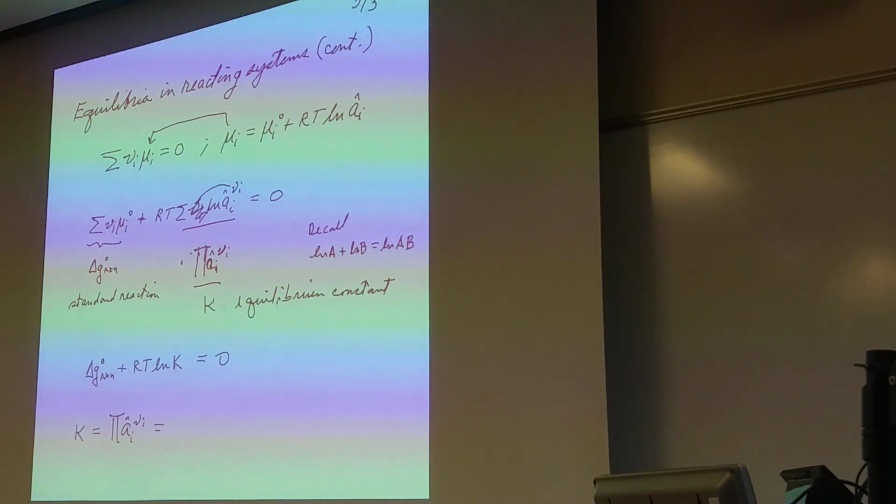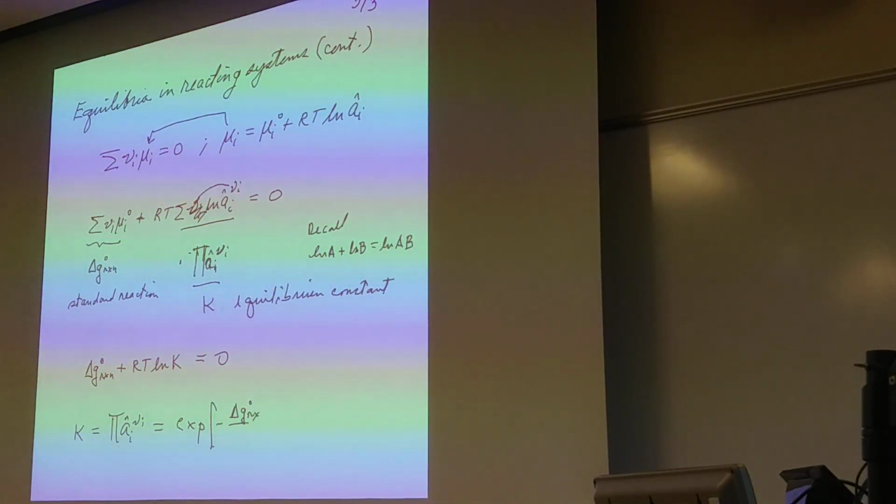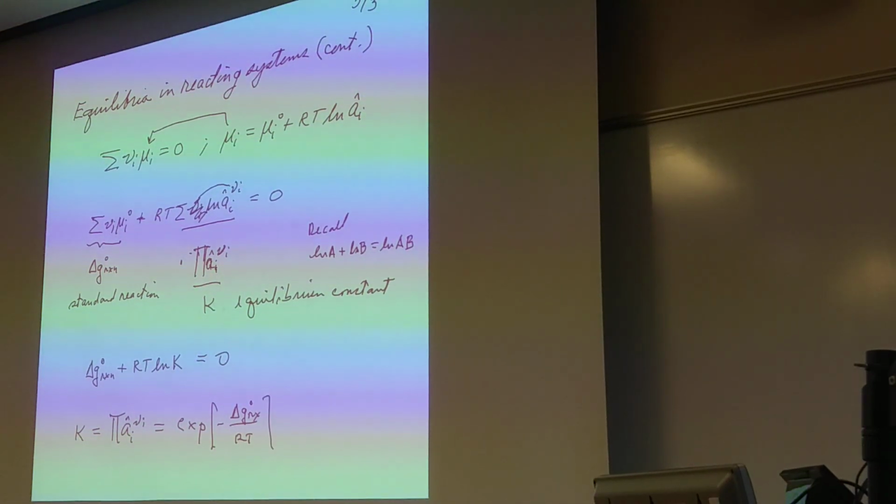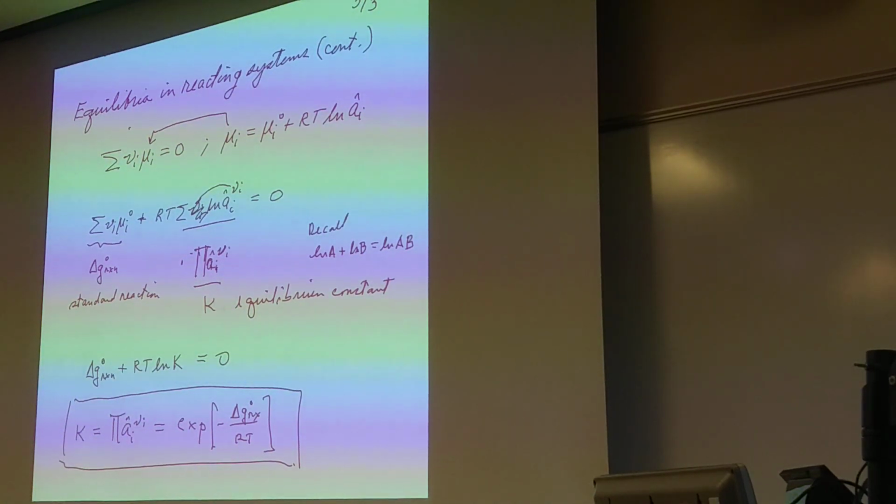That's just the definition, and what that is now equal to is the exponential of minus the standard Gibbs free energy change for the reaction over RT. So that's just this equation now put in a form that we can actually use to solve problems.